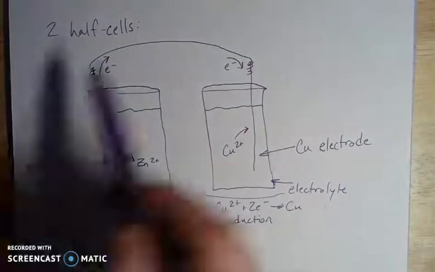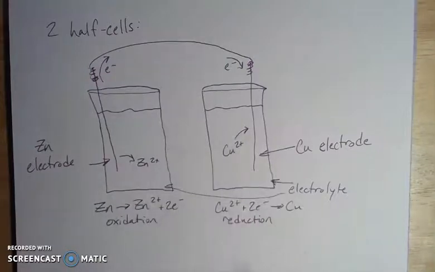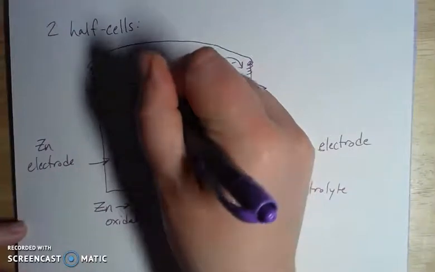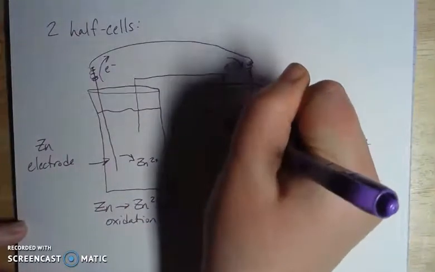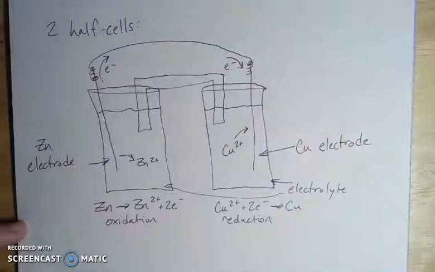And in order for this reaction to keep going, we need to have a steady supply of electrolyte solution. We need to keep the salt concentrations as balanced as we can to allow for this flow or movement of electrons. So my missing piece here is I need a connection, a bridge between the solutions. And this could be as simple as a salt water drenched rag, but this is just called a salt bridge.